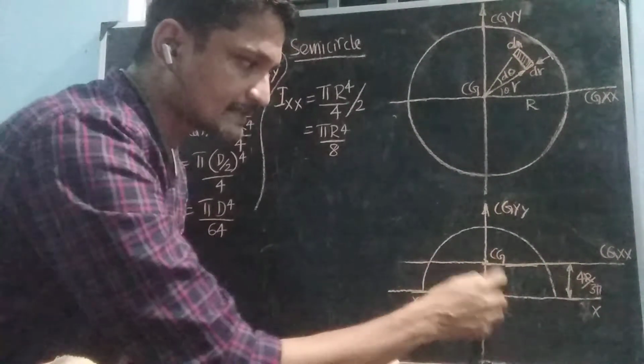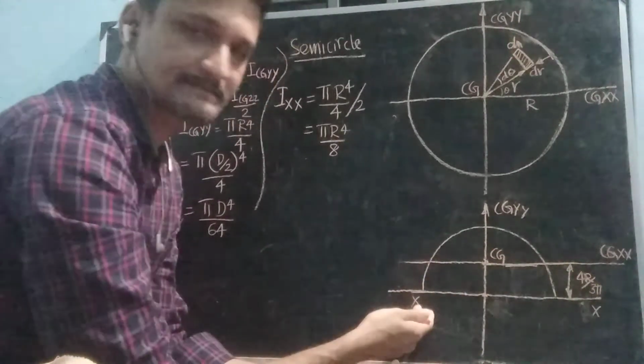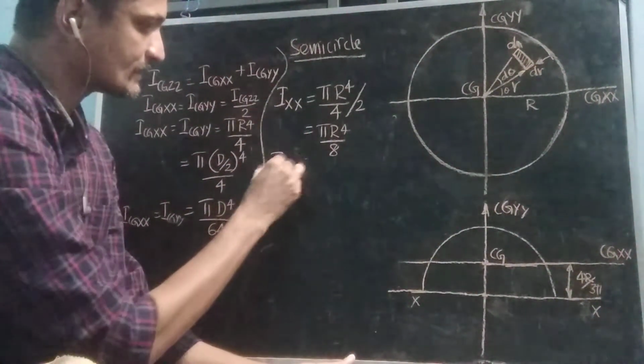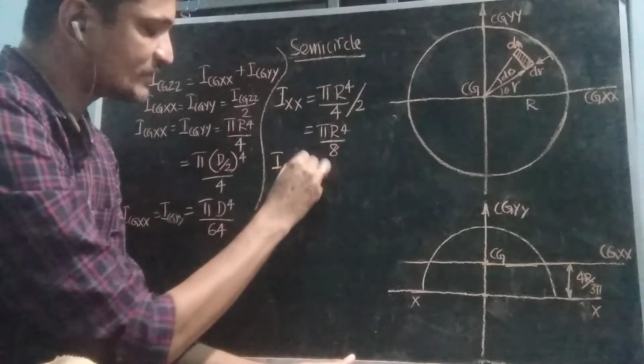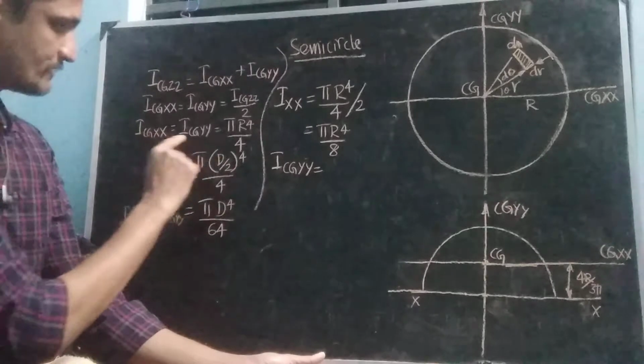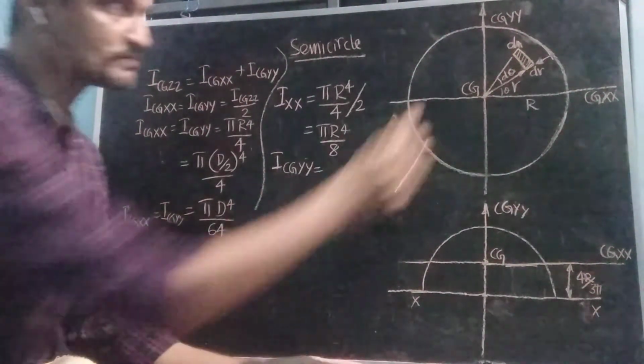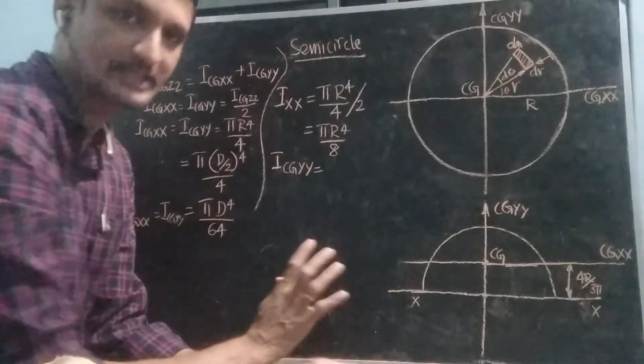Then CG is at a distance of 4r by 3 pi away from the x-axis. And then we can say that ICGYY is equal to the ICGYY in the case of circle divided by 2, because both CGYY are equal.